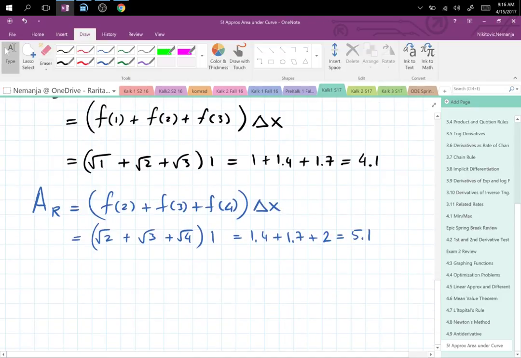So now you can conclude that the true area is in between 4.1 and 5.1. This is what we know. Now I can actually compute the true area and tell you exactly where it is.